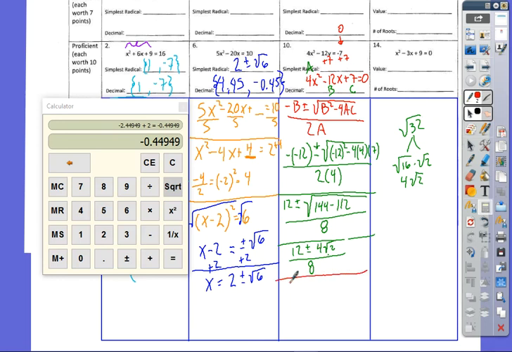So we have 3 plus or minus, because 12 divided by 4 is 3, the square root of 2, because 4 divided by 4 is 1, all over 2. And so that will be our simplest radical form answer. So I'm going to put that on the answer blank.